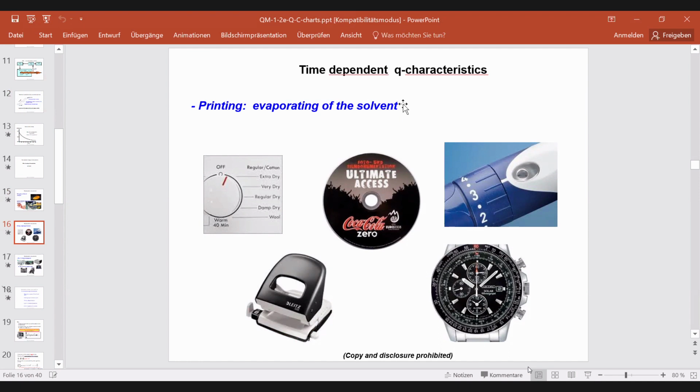You can do tests of the adhesion of the print on the part, or of the paint on the part. So you have to wait a certain time between production and measurement. You have to wait until the solvent is evaporated.